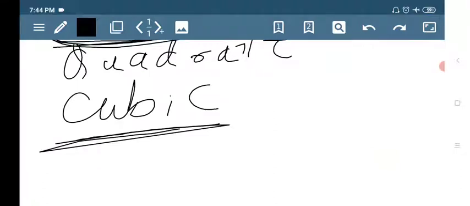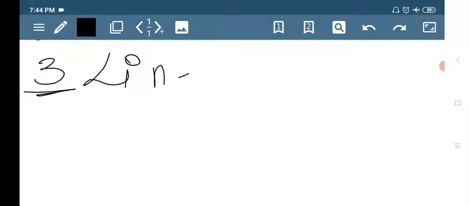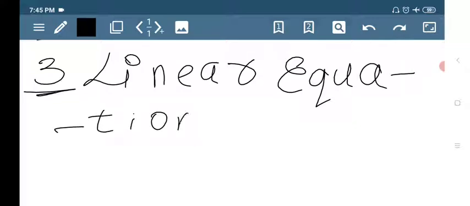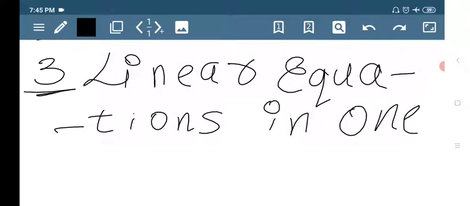From this term linear equation, we are going to discuss the third chapter in your textbook, that is linear equation in one variable.